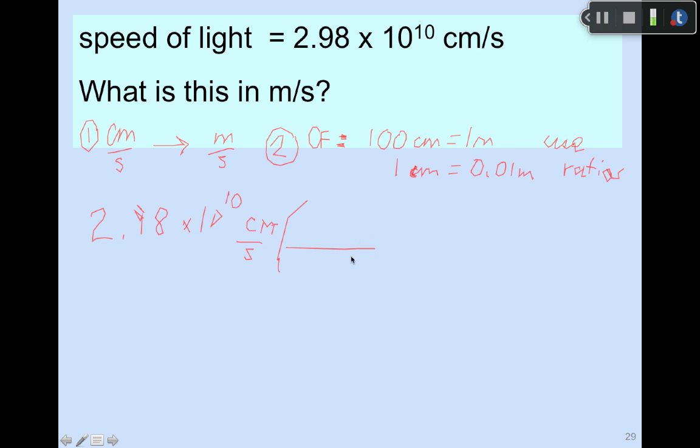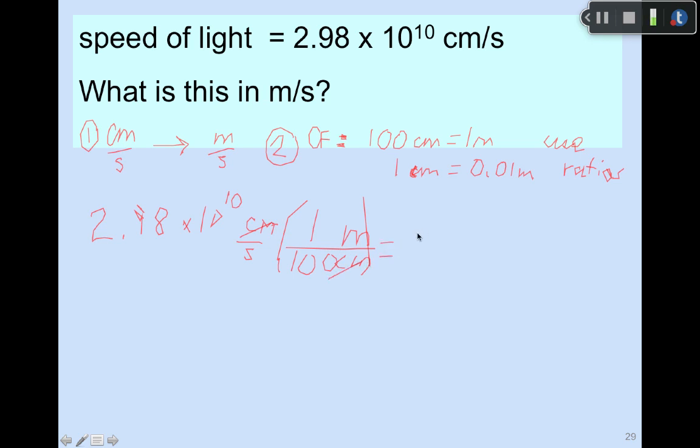So we'll need to put the centimeters on the bottom and the meters on the top, and we'll pick whichever the ones we choose from the step 2 up here that show the equivalence. I'll put in the one that most folks tend to like, and that is 1 meter is 100 centimeters.